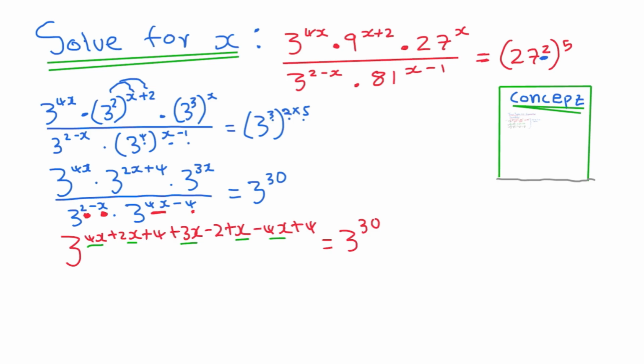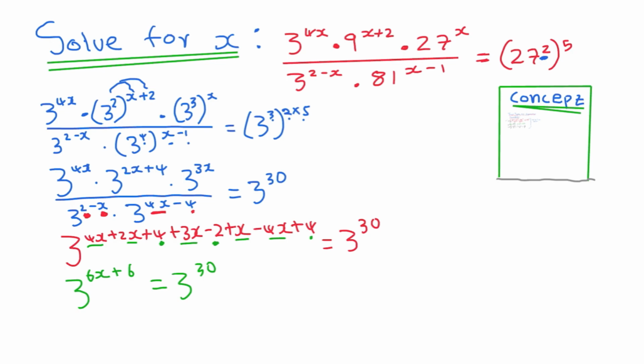So I'm going to have 3 to the exponent 6x. And then when I add the 4 and the -2 and the 4, they give me +6. So +6 is equal to 3 to the exponent 30.